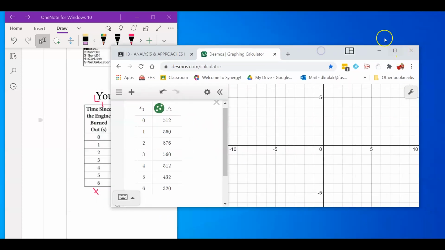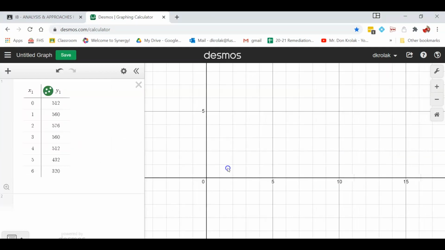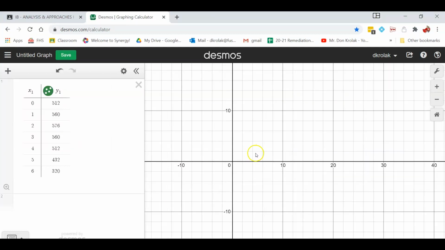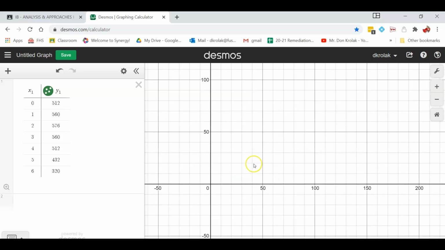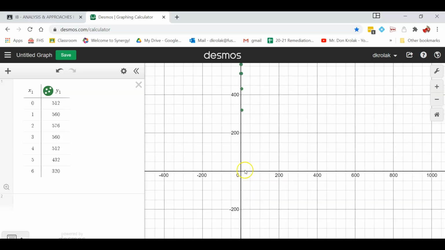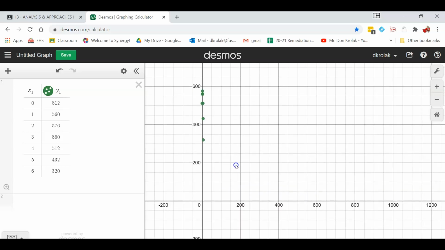Okay, then you probably won't see them because you have to zoom out, because the Y values are 500. Now it just looks like a straight line, not much of a quadratic.